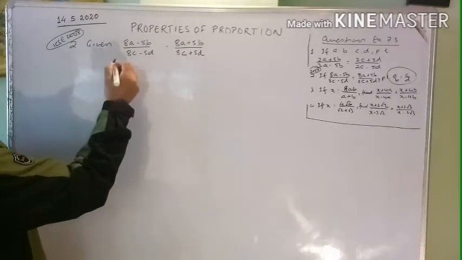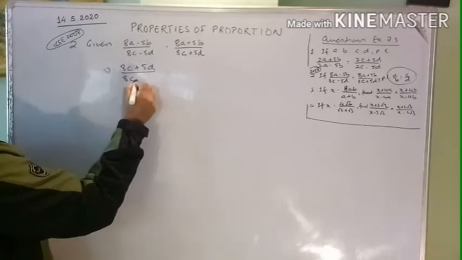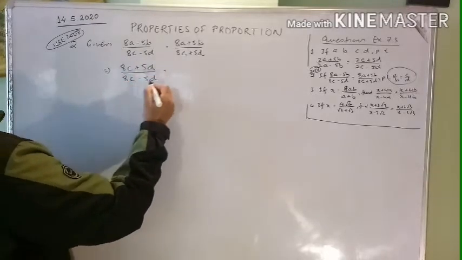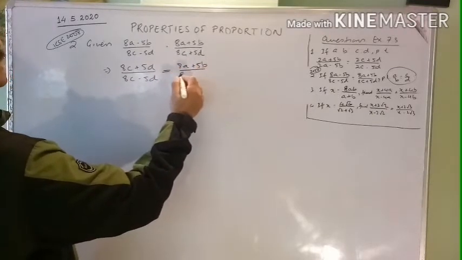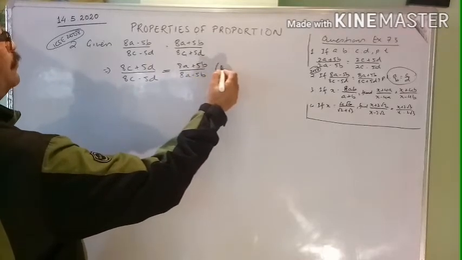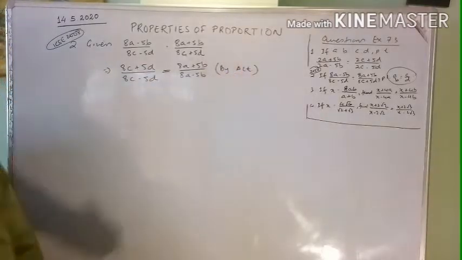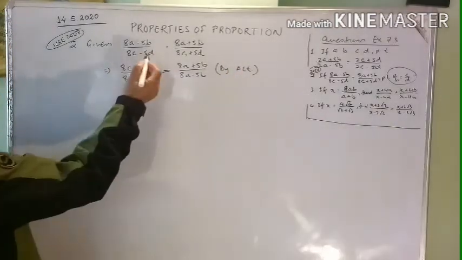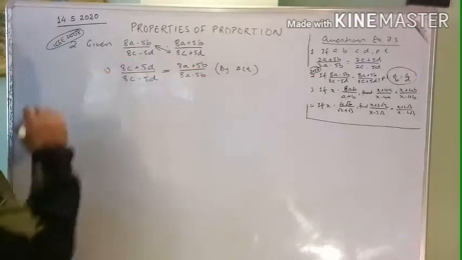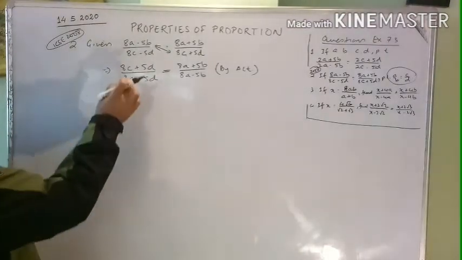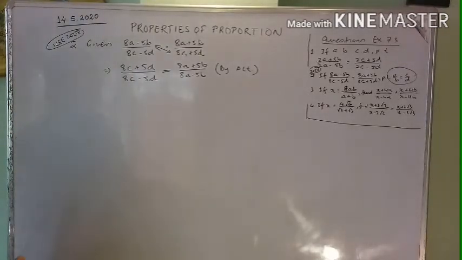So you have 8C plus 5D by 8C minus 5D, and we have 8A plus 5B upon 8A minus 5B by alternando. Okay. So we have interchanged these two. 8A minus 5B going there, 8C plus 5D there. Because AB must be on one side, CD must be on one side. Then only we can cancel the terms later on.